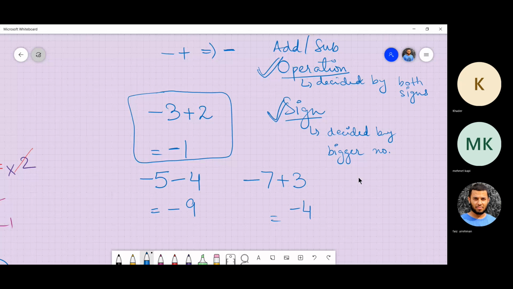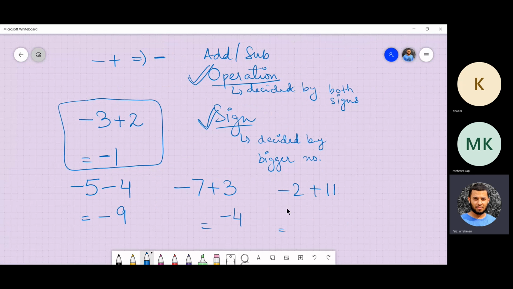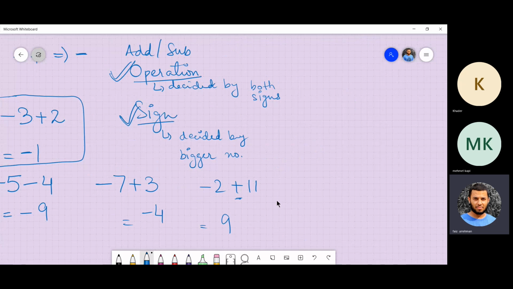Tell me -2 plus 11. 9. 9 or -9? 9, because the sign of the bigger number is taken, that is 11, so it will be positive. It will not be negative. Okay, clear?